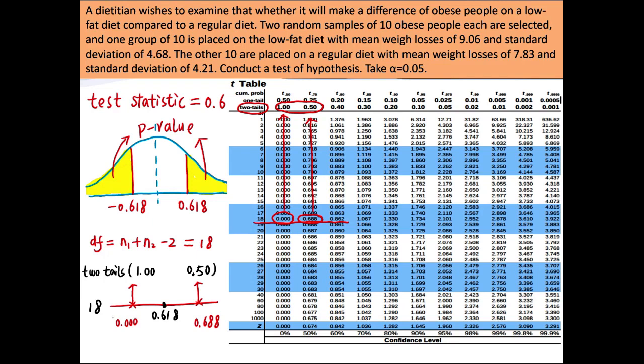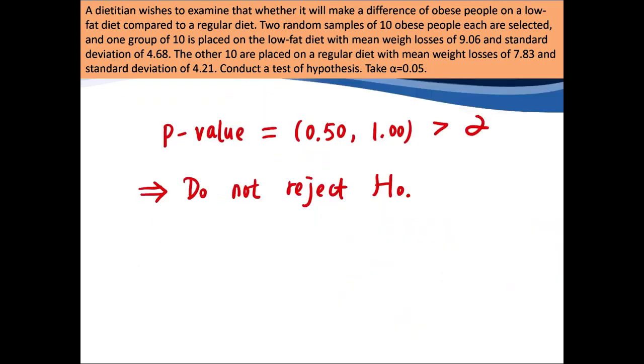Usually, we write the smaller one in front of the range and the bigger one at the end. So the p-value is 0.50 to 1.00 compared to alpha. Alpha is given 0.05. So the p-value range, all of it is bigger than alpha. So our decision is do not reject H0.